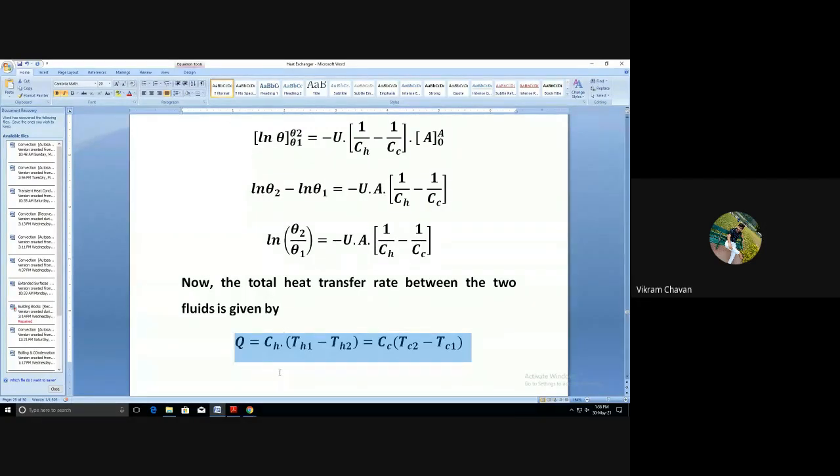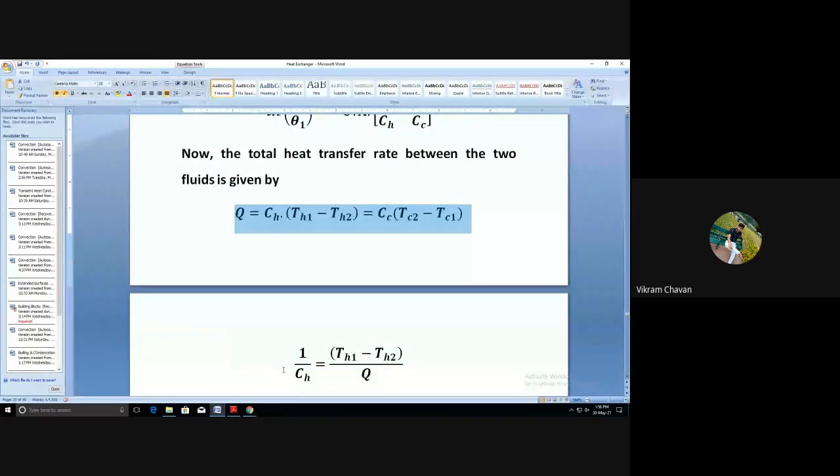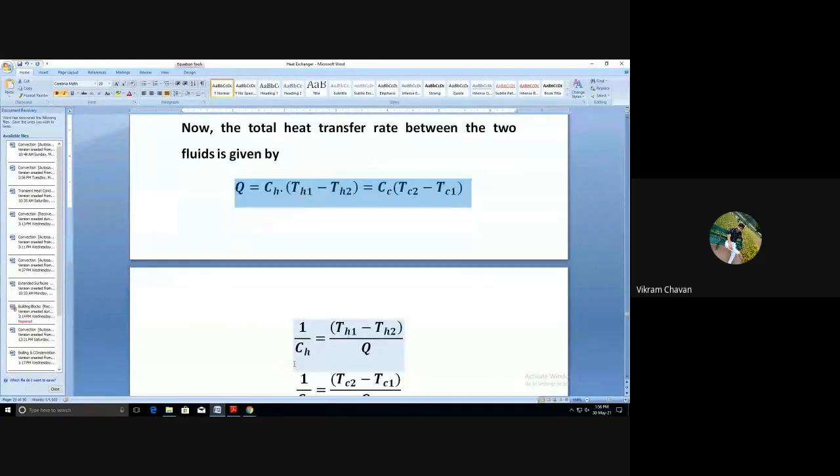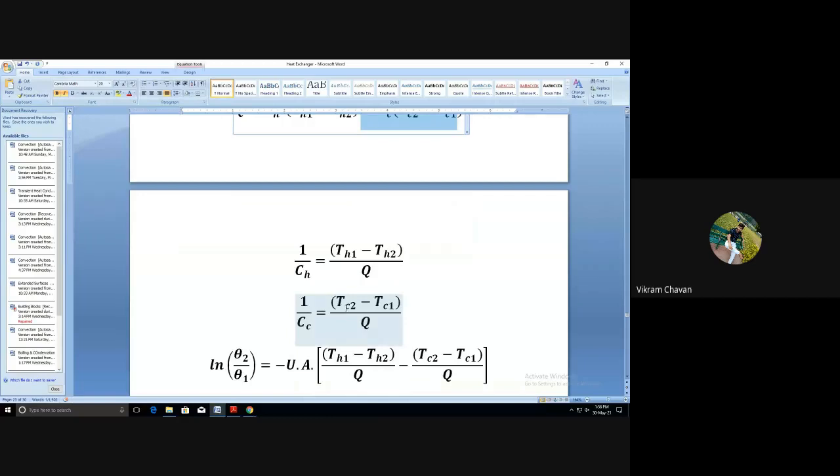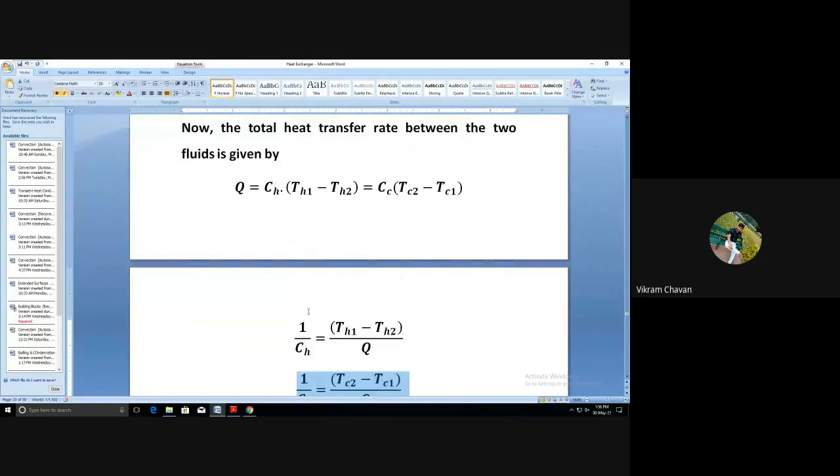From this equation we will get the values of 1/Ch and 1/Cc. From the first part of the equation, 1/Ch is equal to (Th1 minus Th2) divided by Q, and from the second part, 1/Cc is equal to (Tc2 minus Tc1) divided by Q. Now put these values in our previous equation.